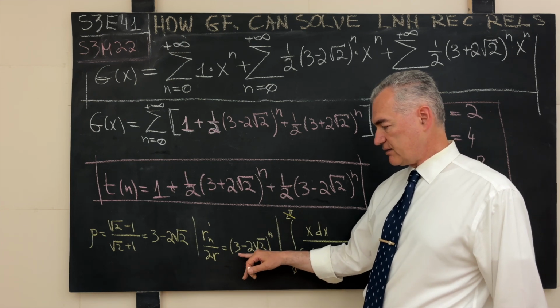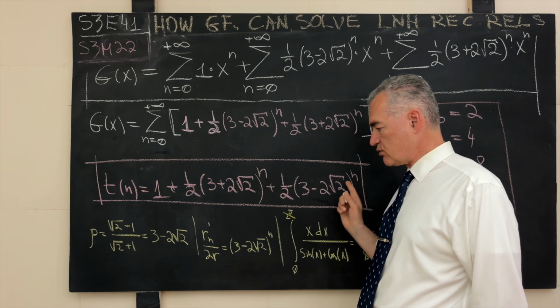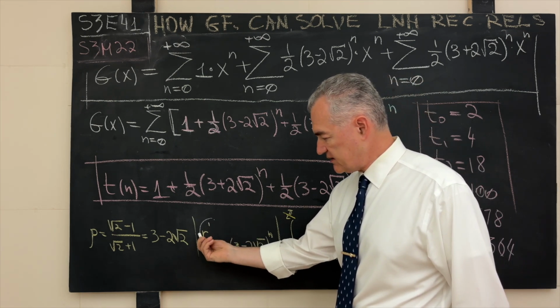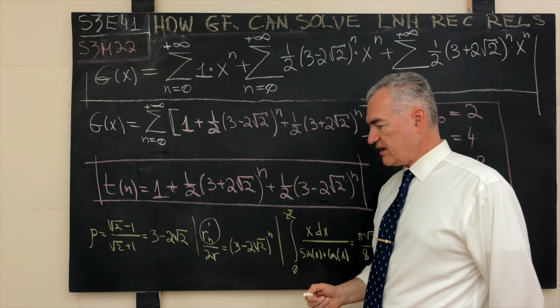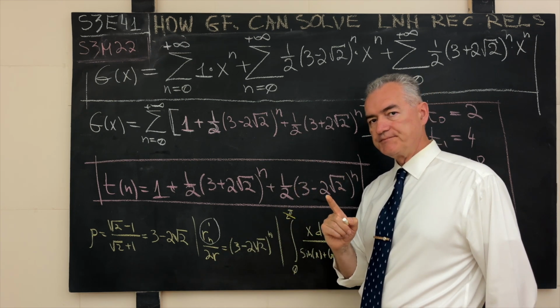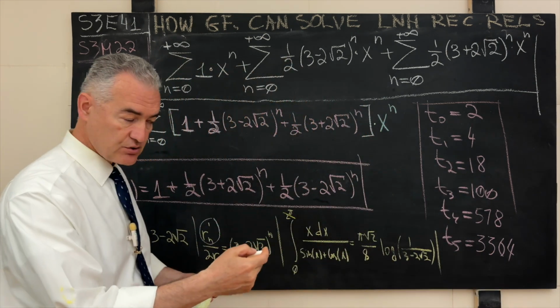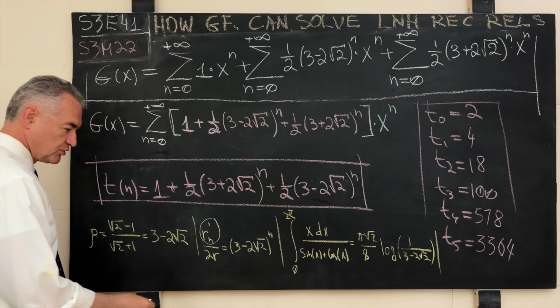It turns out that this number, 3 minus 2 times square root of 2 raised to the power of n, comes out to be basically the length of the radius of the nth reflected circle, once we solve this problem using the reflection of the real plane with respect to a circle.